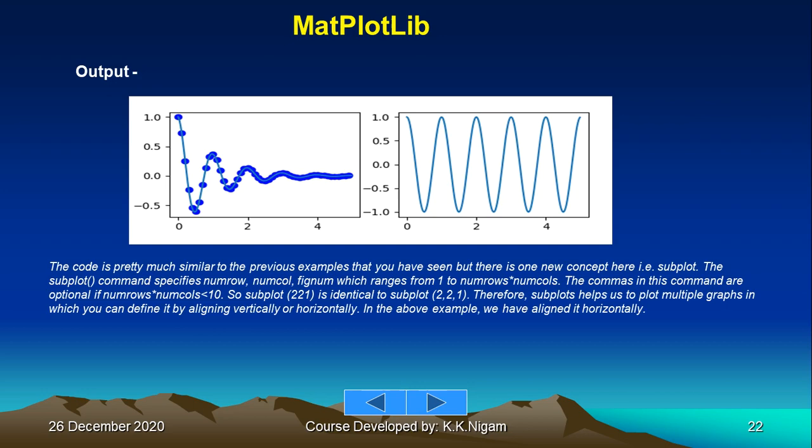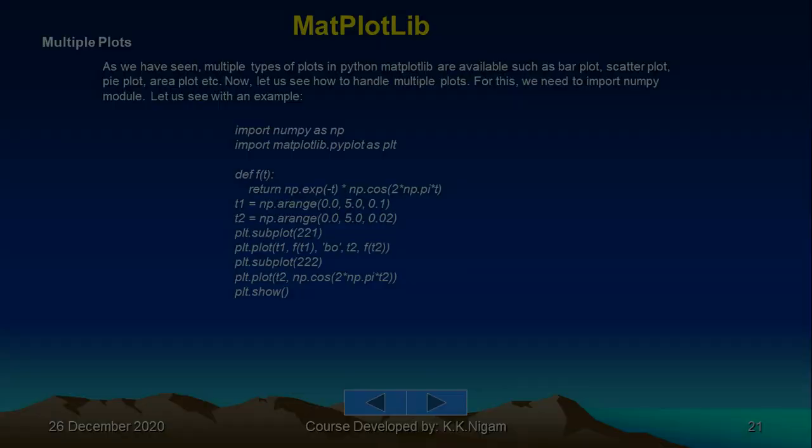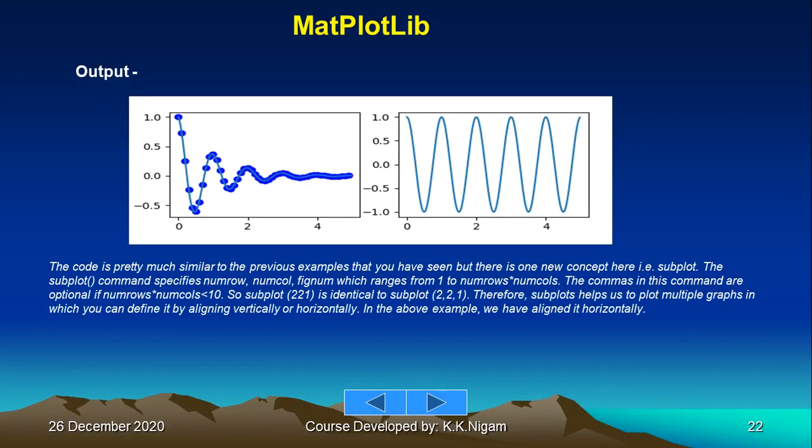The same thing is mentioned here also, and that is where you are getting this kind of variation in the graph. The commas in this command are optional if numrows times numcols is less than 10. So subplot(221) is identical to subplot(2,2,1).